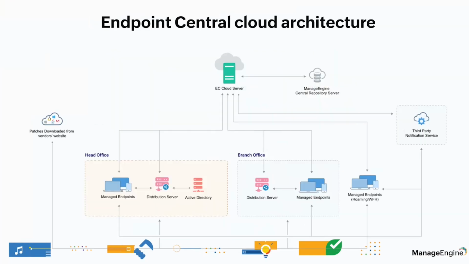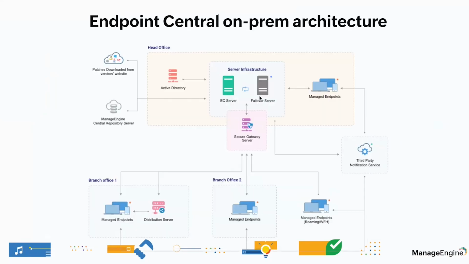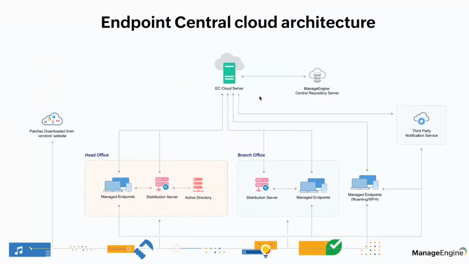Next, John is given a task to manage a distributed workforce. Last time he was using on-prem, and this time he's going to use a cloud architecture or cloud instance. All you have to do is sign up with our cloud instance, and we will host the service for you.